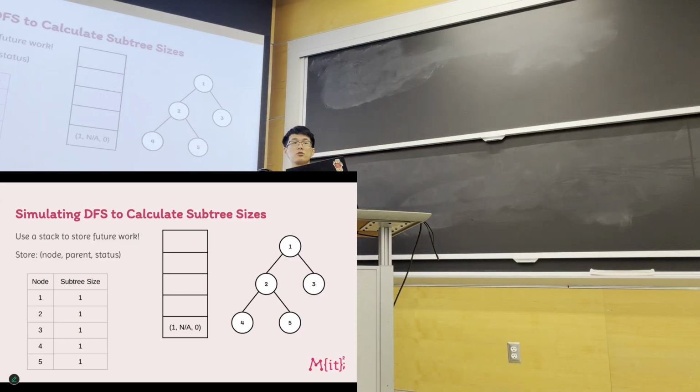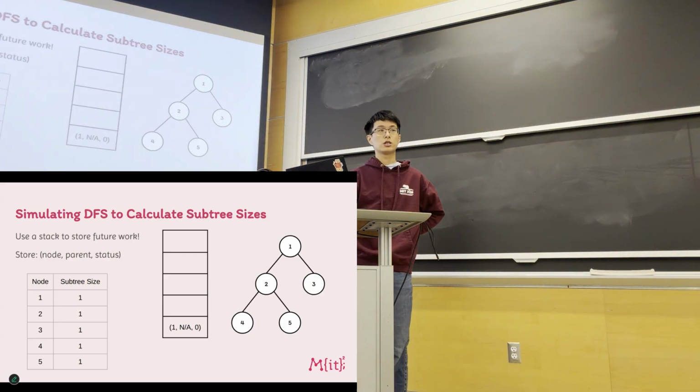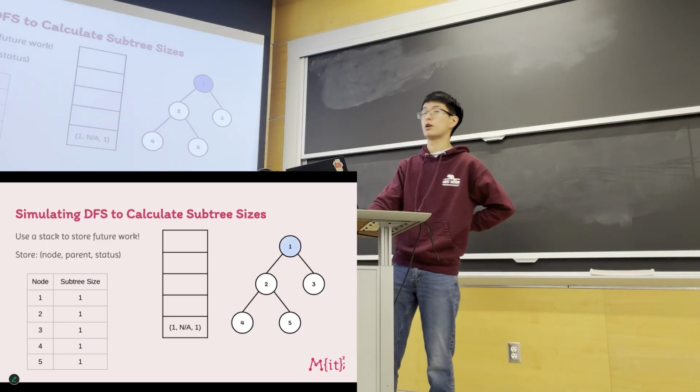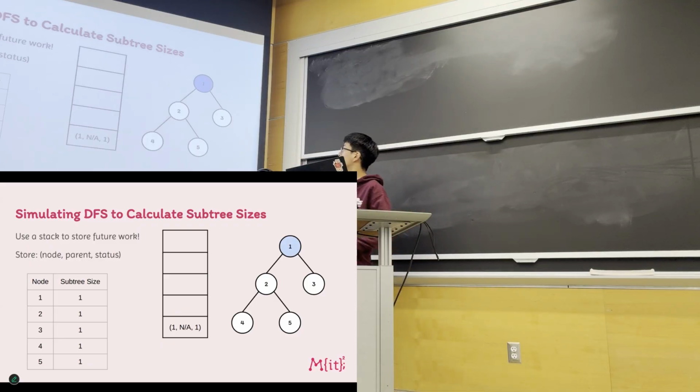Each time we iterate through the stack, we take the top element from the stack. In this case, it's our element 1 with status 0. We say, okay, it hasn't been processed, so let's begin processing it and mark it as processed. So we turn this into a 1. That means we've begun processing it.